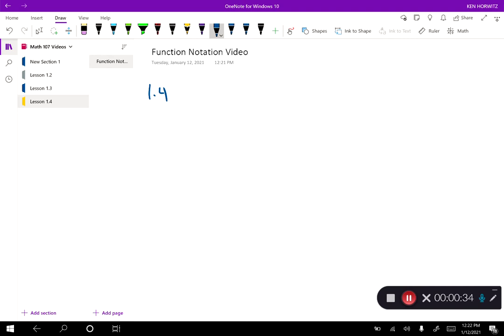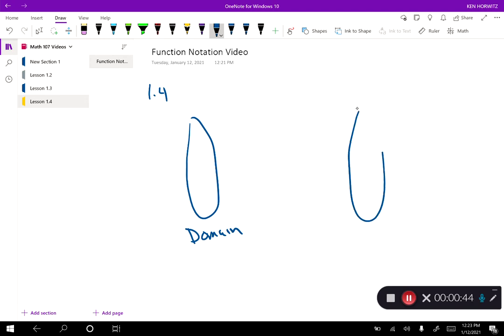So every function has a few essential pieces. The first piece is called the domain. The second essential piece is called the range. And every x in your domain goes to a y in your range.